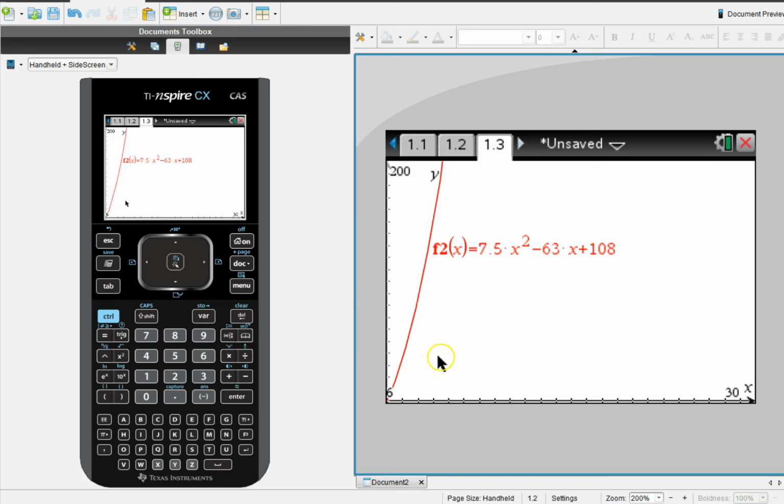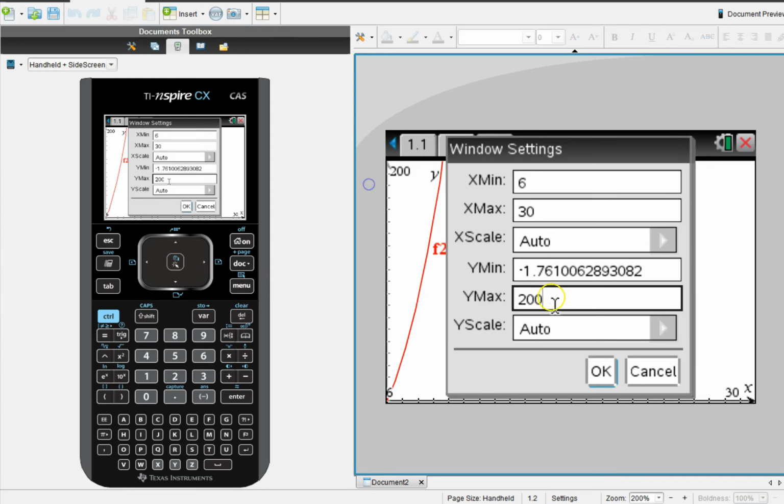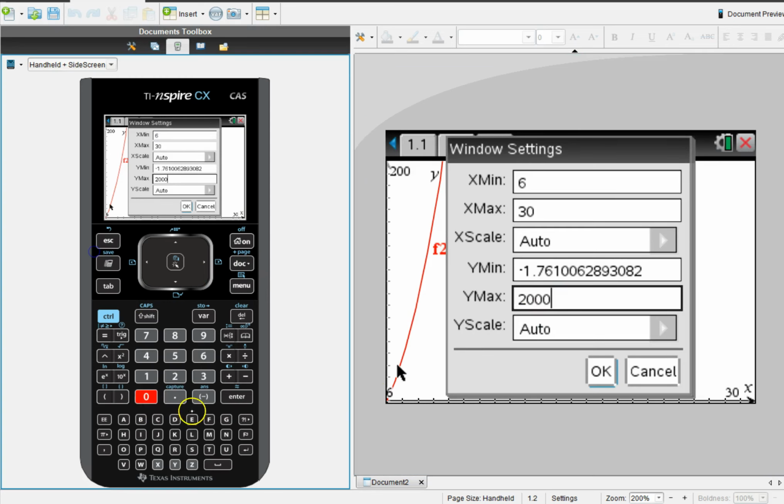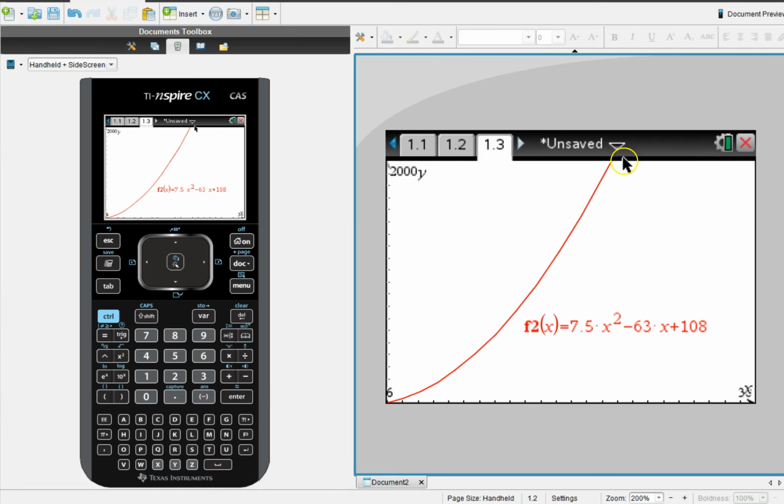Okay, so we went a little far on that. Maybe make the volume a little higher so we can see more regions. So let's go to like 2000. Window zoom, change that 200 to a 2000. That gives me a little more scale for what I'm looking for, okay?